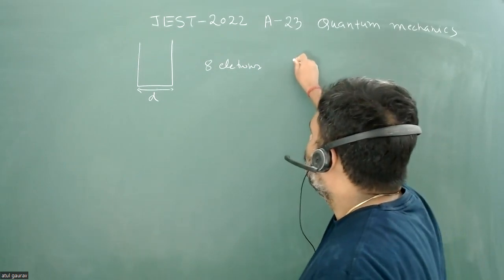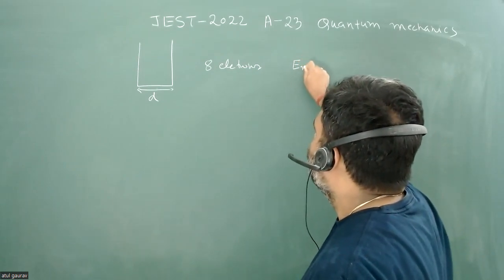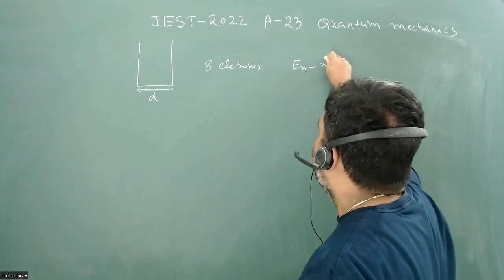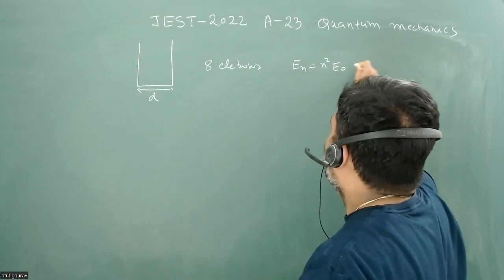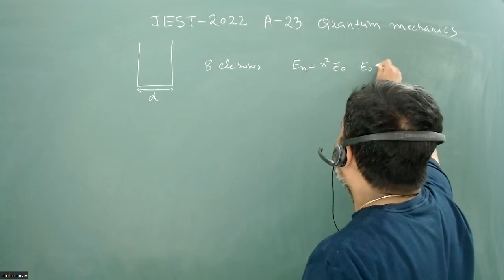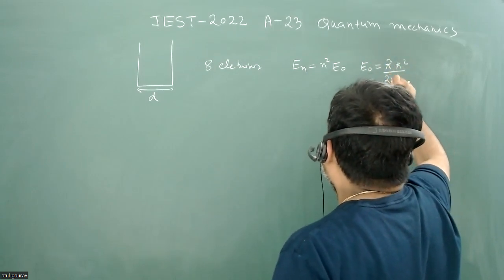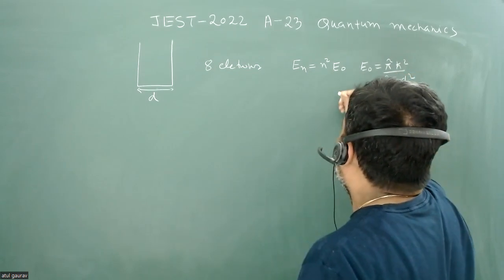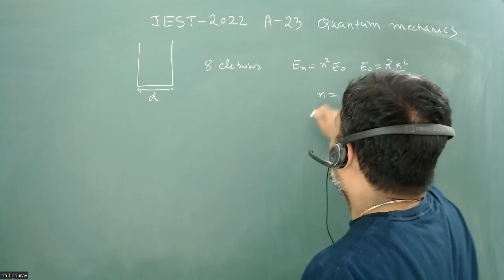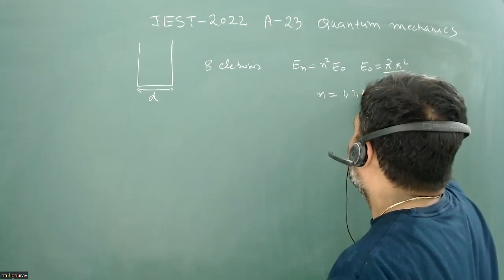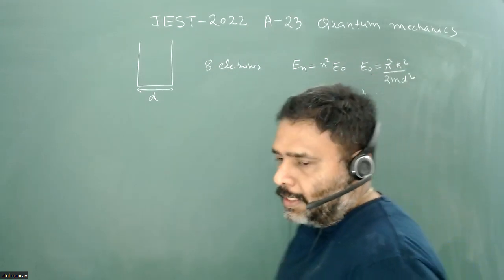So we all know for the single particle system, the En can be written as n square E naught, where E naught is pi square h cut square upon 2m d square, and n is the allowed quantum number, that is 1, 2, 3, and so on.